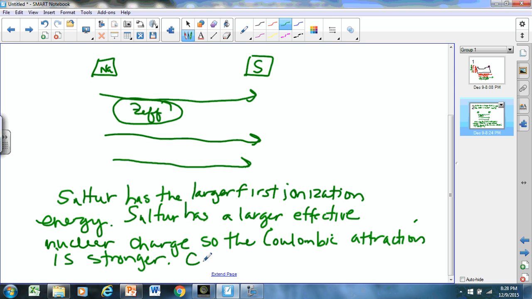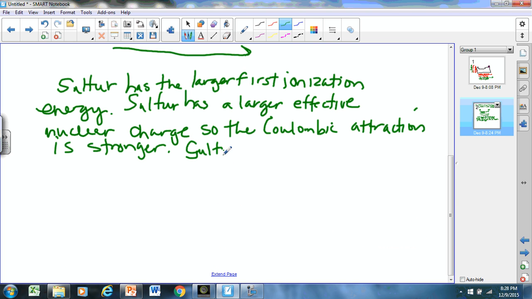And so then sulfur holds, I should say this, sorry. Sulfur's valence electrons are held more tightly.